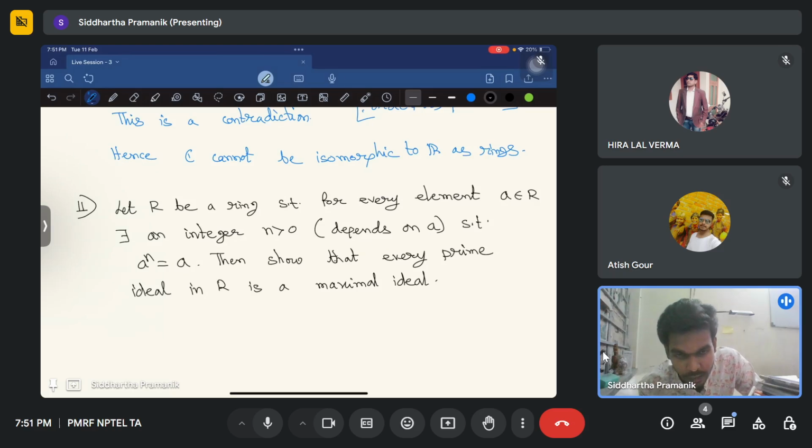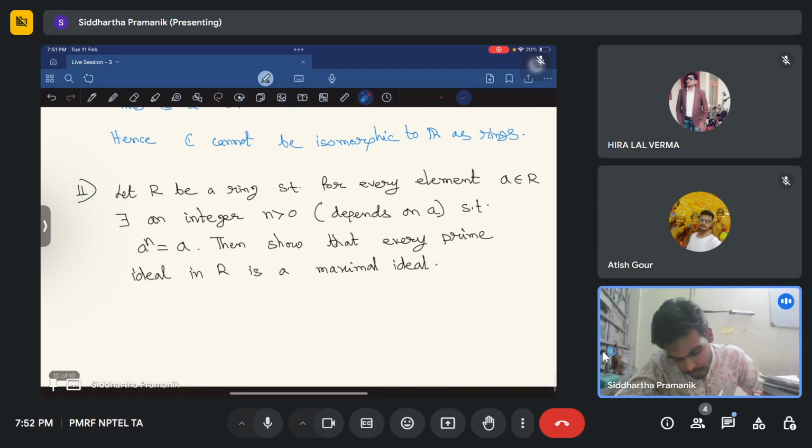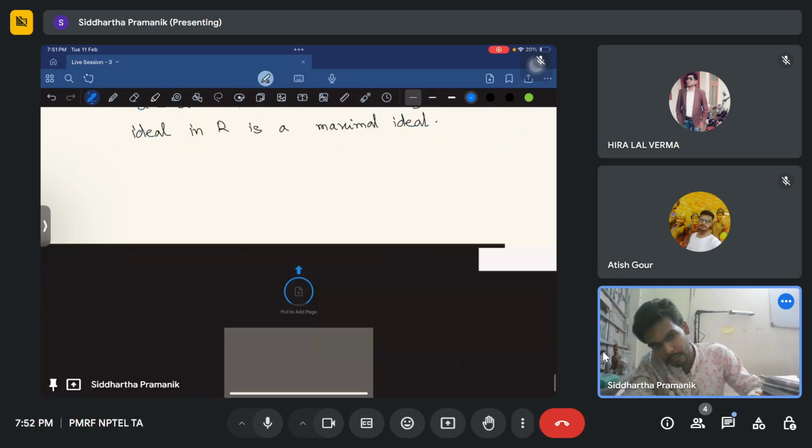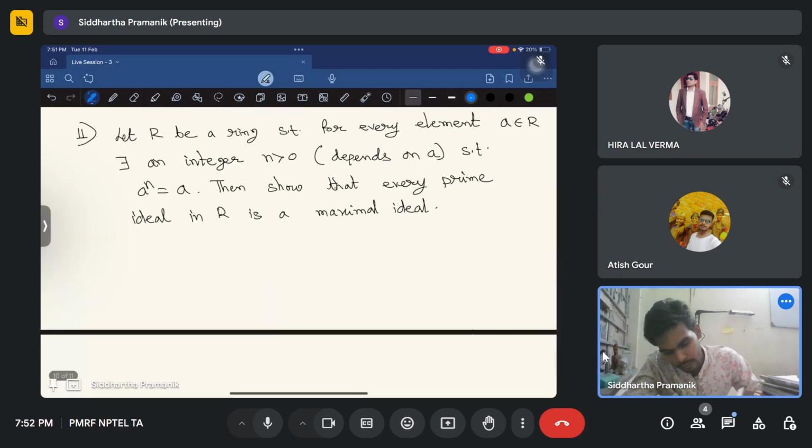Like you can take the ring of integers. There the zero ideal is prime but not maximal. But if you have a ring with this property, then every prime ideal has to be a maximal ideal. Okay, so let's prove this.